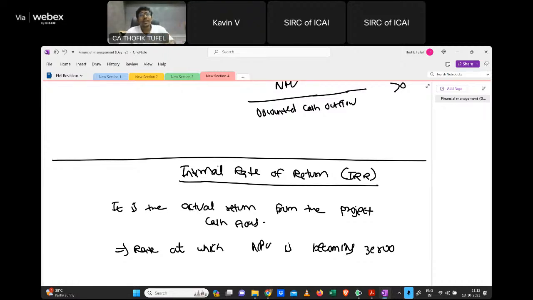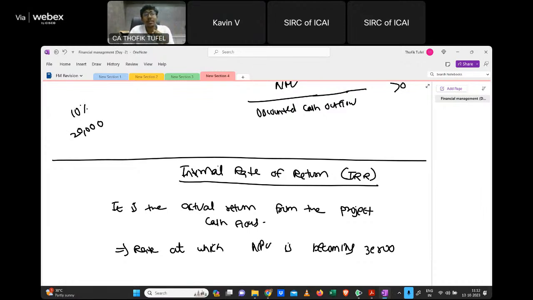So here we are not taking any rate. What we are doing is calculating the rate, and at that rate NPV will become zero. Now, it is difficult, correct? At 10% you have a positive NPV of say 20,000 rupees.